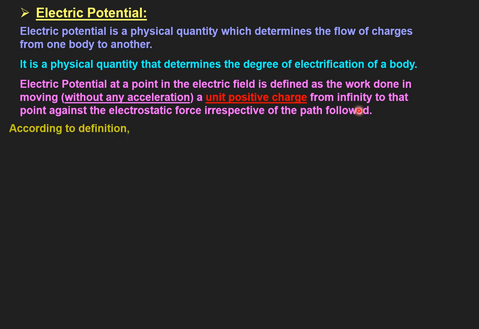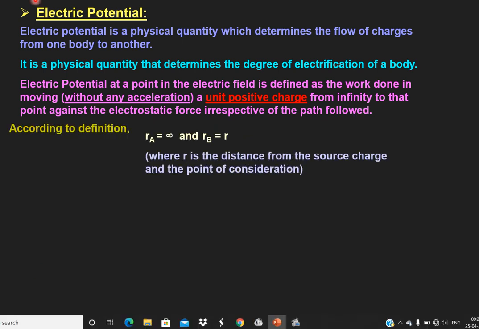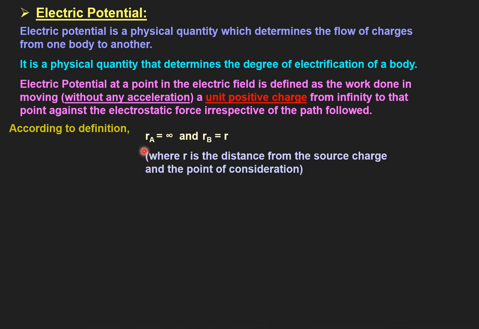According to the definition, compare this electric potential with electric potential energy. In this case, the initial point A we have fixed at infinity. So for studying electric potential, we have taken the initial point as infinity.